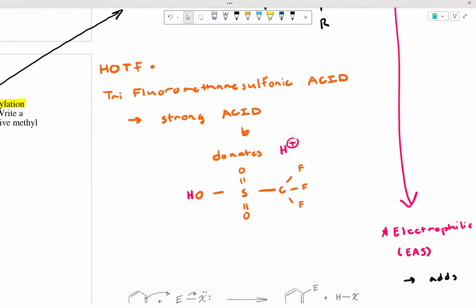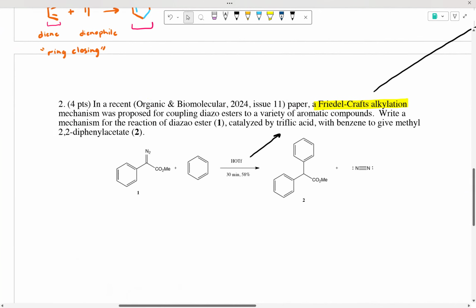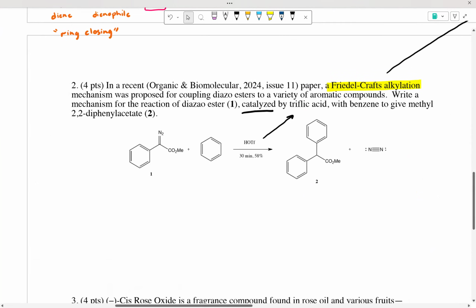And this is the structure of triflic acid. This is going to be important because we're going to steal this hydrogen from the molecule and then we're going to give it back later because it's a catalyst. And that's what catalyst means. It speeds up the reaction, but it also is consumed in the reaction but gets regenerated later.